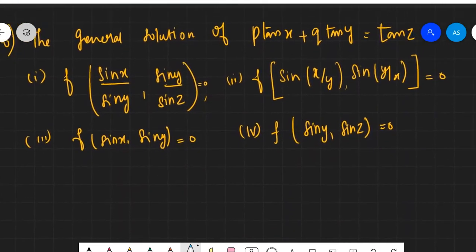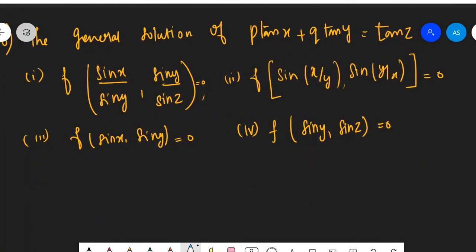And next one, general solution of p tan x plus q tan y equals tan z. This is of the form Lagrange's method. So Lagrange's method is the first order linear PDE. So capital P is the coefficient of small p. This is under Lagrange's method.